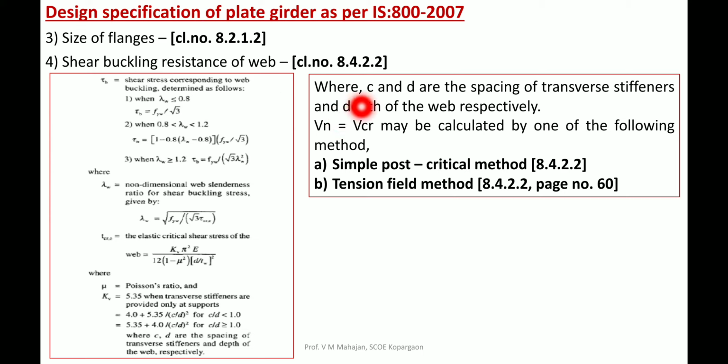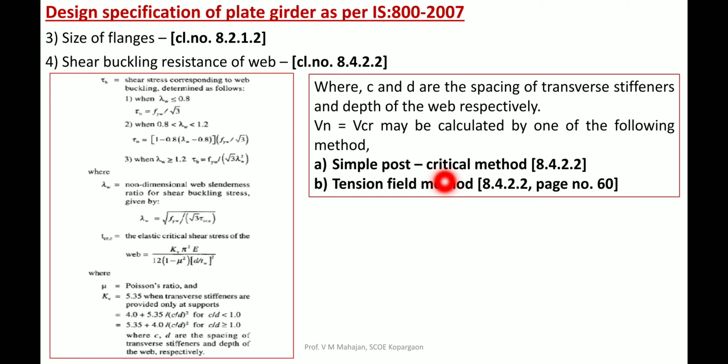So, are all of you clear about what c and d are? These are the spacing of transverse stiffeners and the depth. c is denoted by the spacing between the two stiffeners and d is the depth of the web respectively.